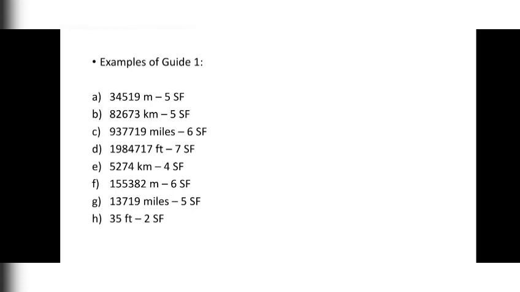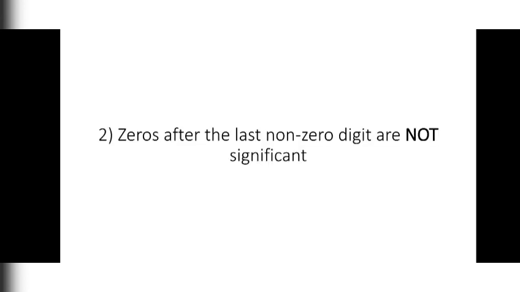There are 6 digits, so it's 6 significant figures. For letter G, we have 13,719 miles. There are 5 digits, so it's 5 significant figures. For letter H, we have 35 feet, which is 2 digits, so it's going to be 2 significant figures.